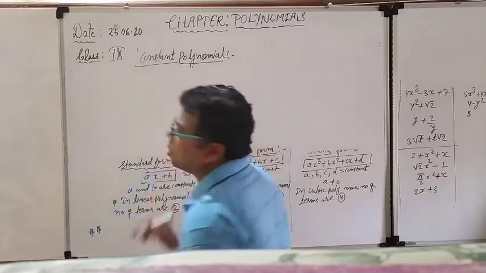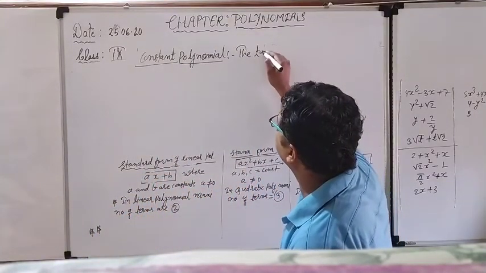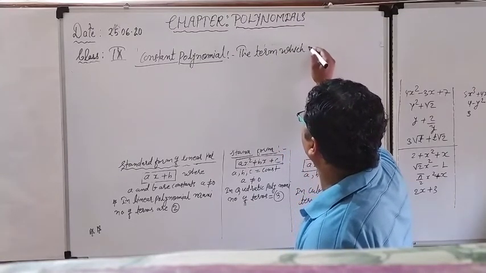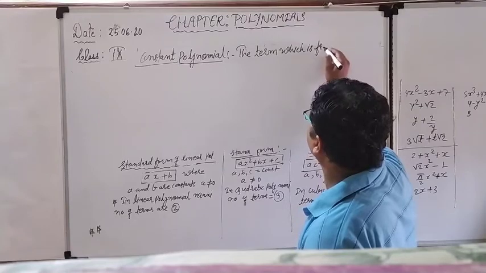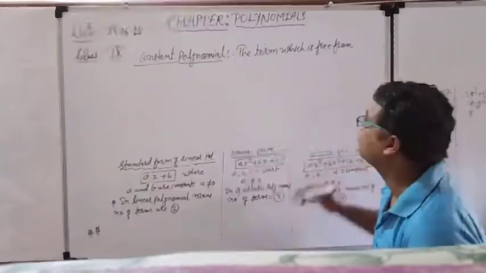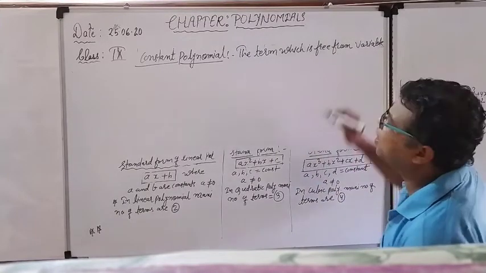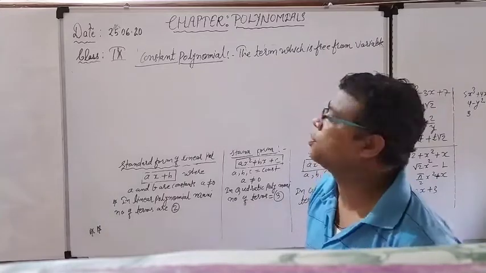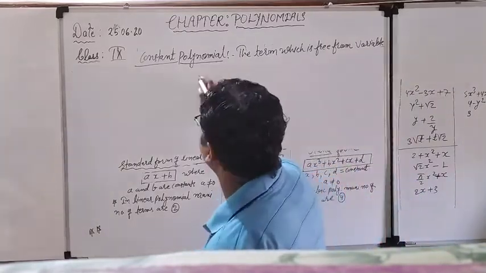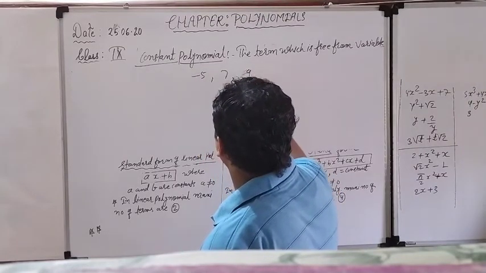Constant polynomial means the term which is free from variable. If there is no variable present, or the variable is absent, that particular term is known as the constant polynomial. For example, you can see minus 5, plus 7, plus 9, minus 100.